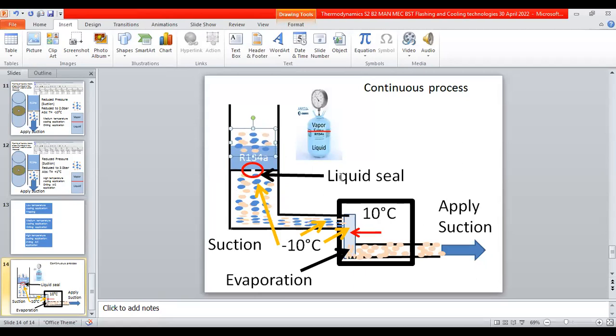Two phase is possible here, but here is the liquid seal.